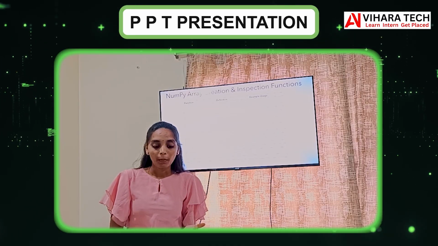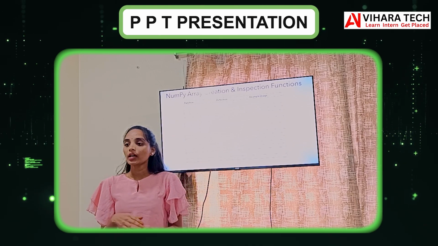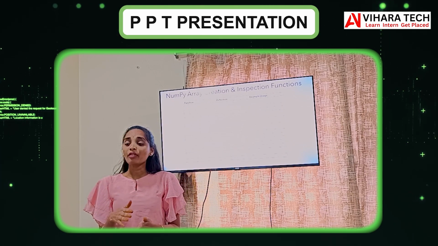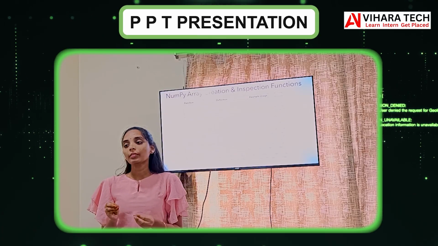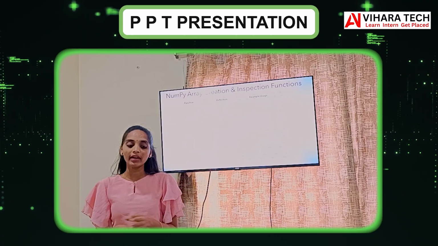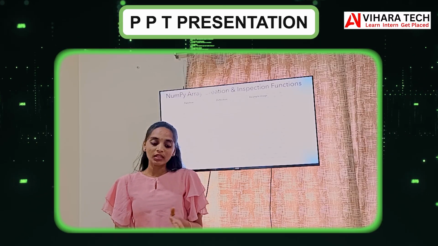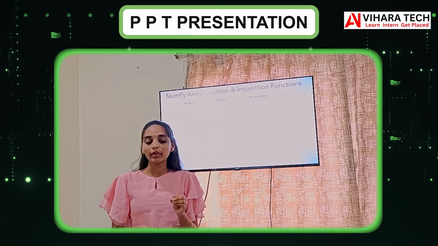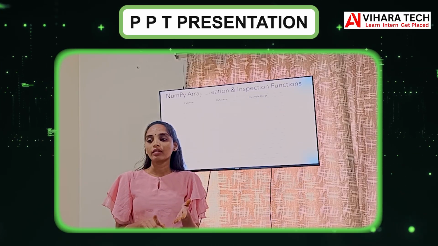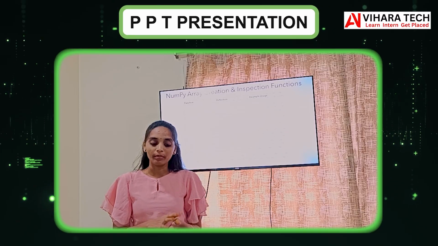And shape will be used to represent the shape of the array, like rows and columns. If you ask for the shape of an array using the shape built-in function, it will give 2 comma 3, where 2 is the rows and 3 is the columns.